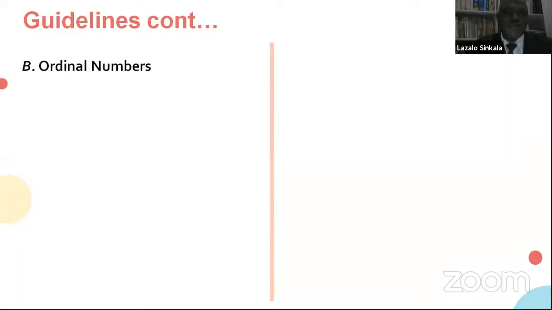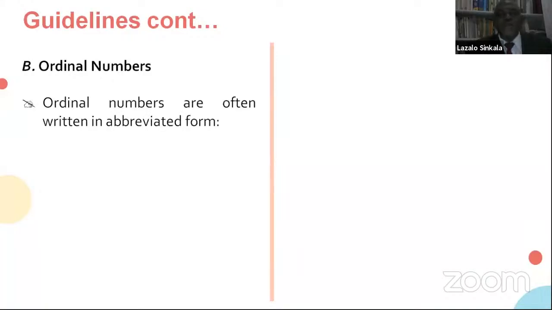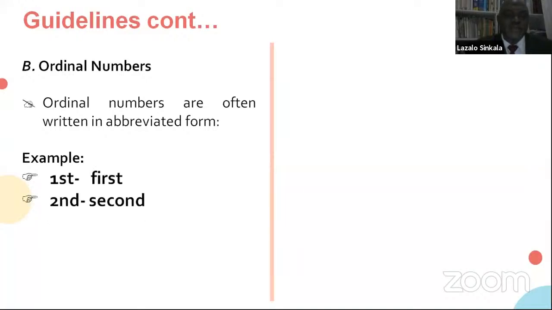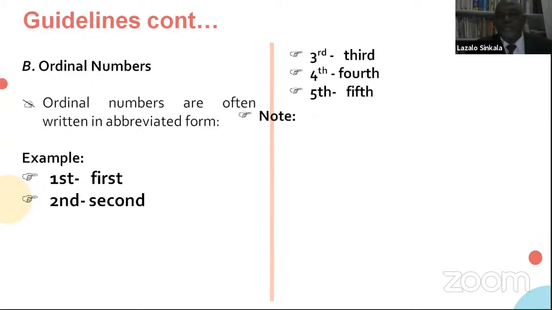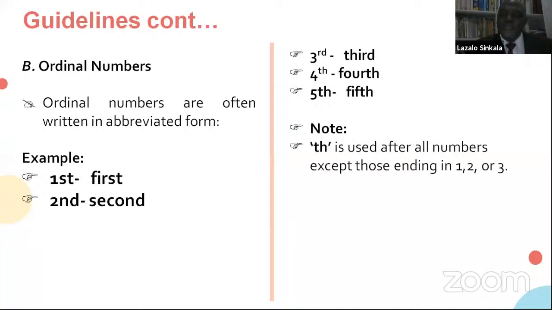Ordinal numbers are often written in abbreviated form. First, second, third, fourth, fifth. The abbreviation TH is used after all numbers except those ending in 1, 2, or 3.